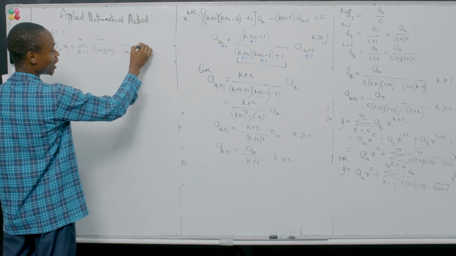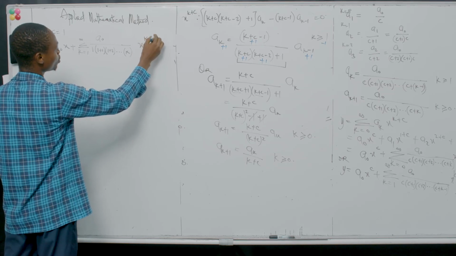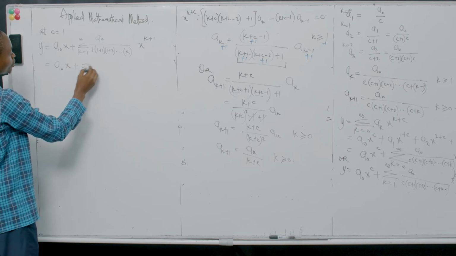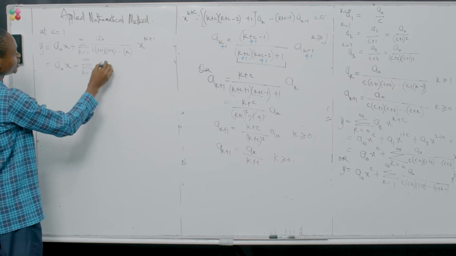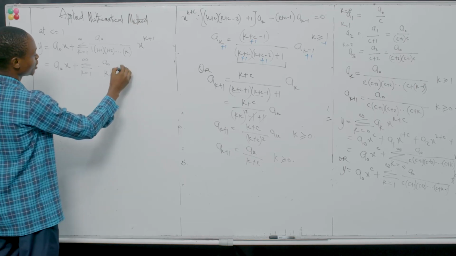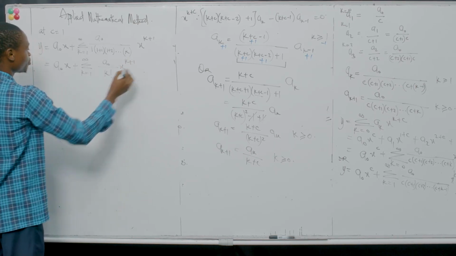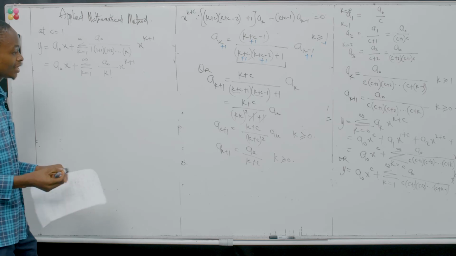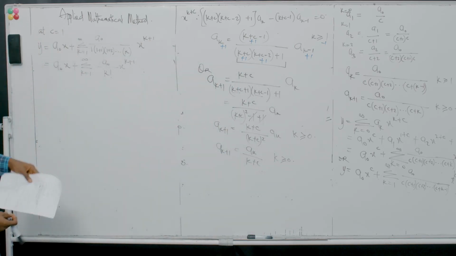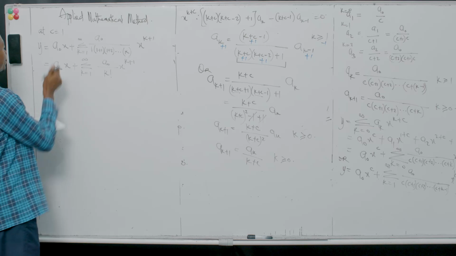Right? x raised to power k plus 1. And what does this mean? I'll have a0 x plus summation k starting from 1 to infinity, a0 over k factorial, because this is k factorial, x raised to power k plus 1. Straightforward. So that is me evaluating at c equal to 1. So this is obviously y1 now.